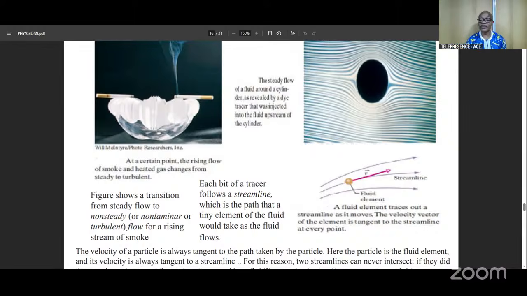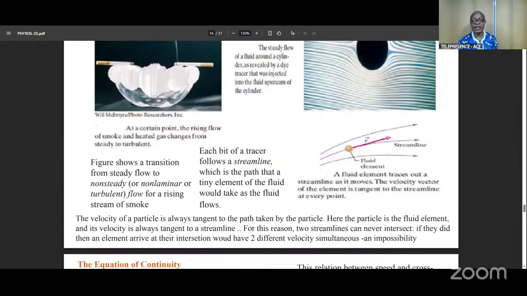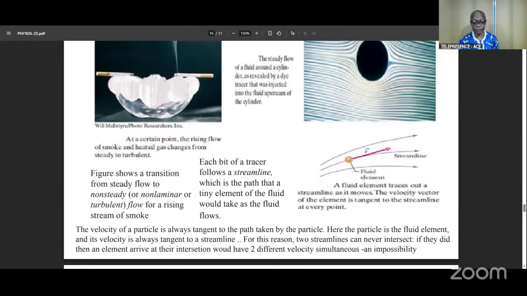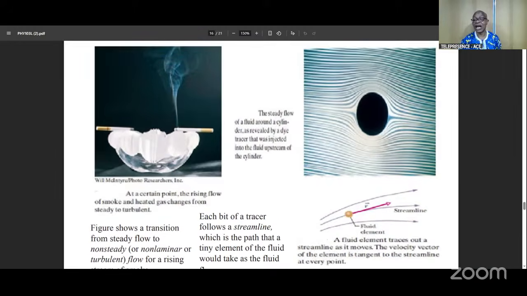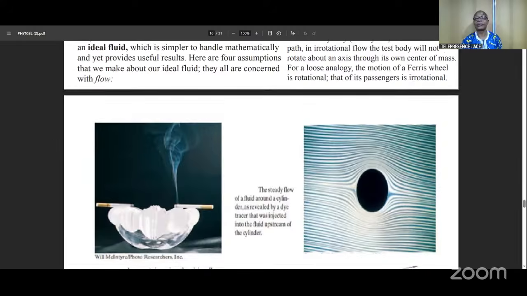And of course, the velocity vector of the elements is tangent to the streamline at every point. These are very important points. And two streamlines in an ideal flow can never intersect, because if they do, we'll be talking of two different simultaneous velocities, and that is not possible.